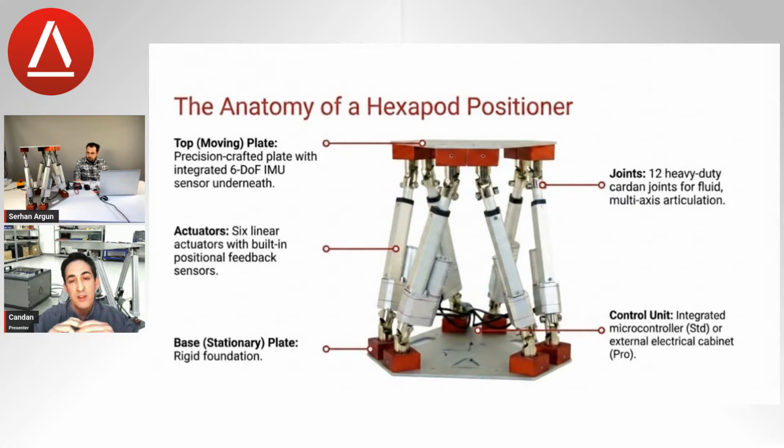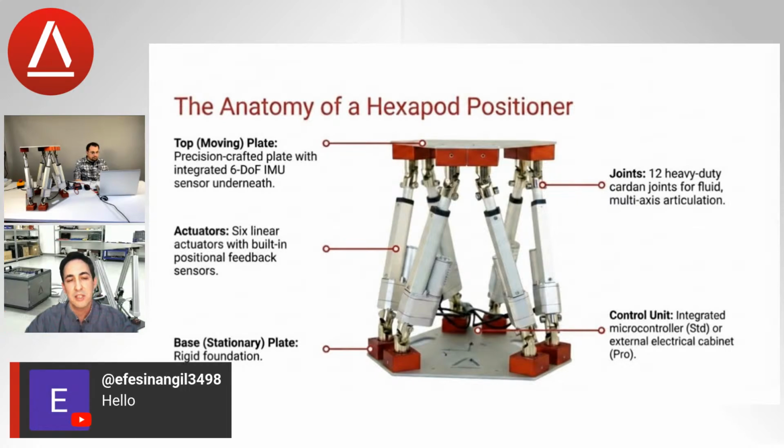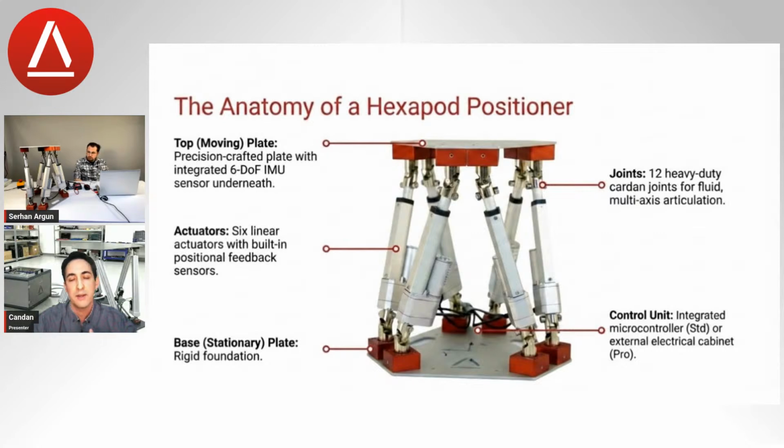But if there are heavy loads, with more kilograms, then there needs to be cooling and more space for the controller, and that would require an external electrical cabinet. And what is the controller used for?